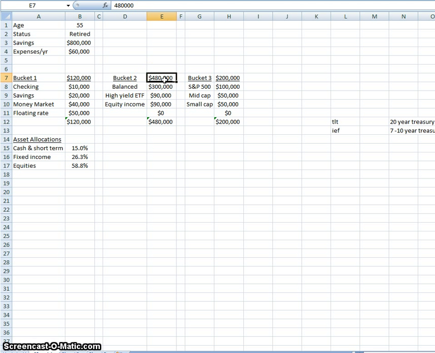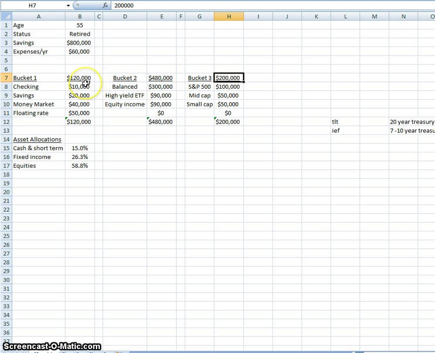So together they equal $600,000, or 10 times 60, $600,000. So we got bucket 1 at years 1 to 2, bucket 2, years 3 to 10, and that leaves $200,000 that falls into bucket 3, money that you don't need until after 10 years.